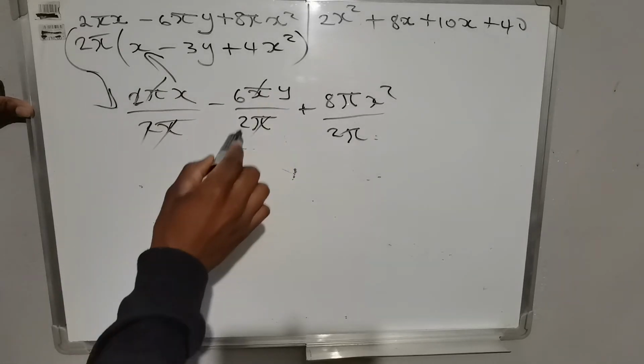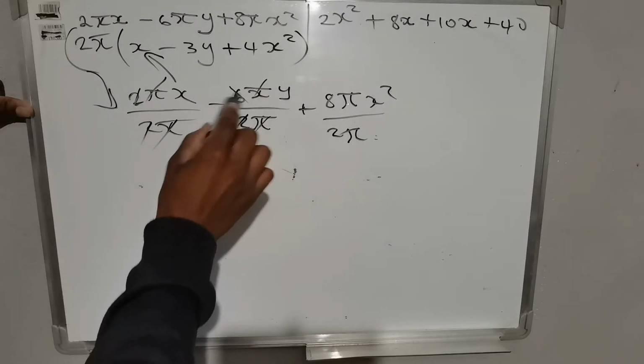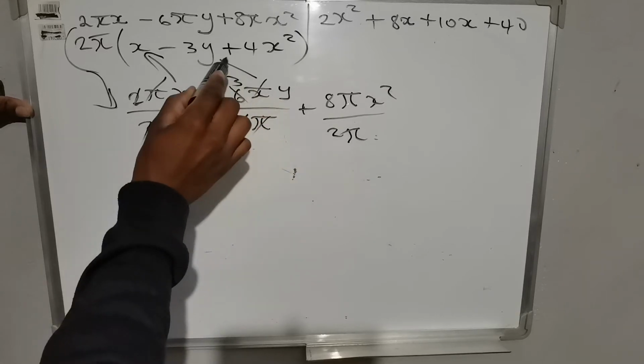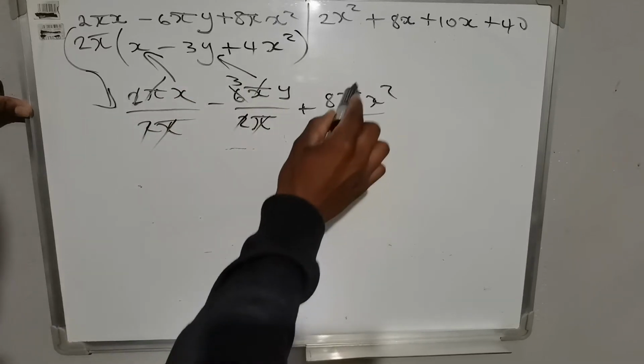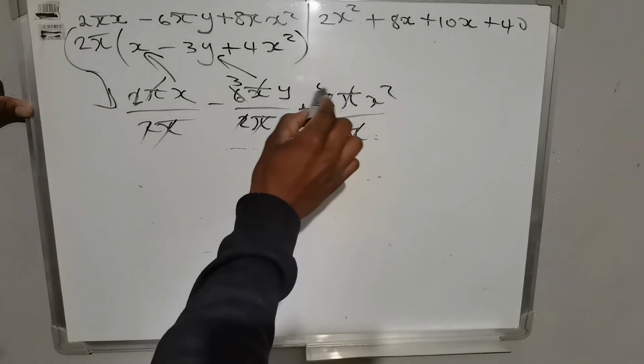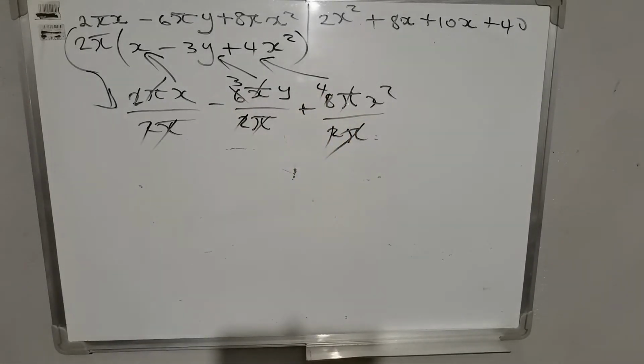Pi would cancel pi. 2 would divide 6 and leave us with 3y, which is what you see, and pi would cancel pi, and 2 would go to 8 4 times. Then we'll be left with 4x squared, which is what you see. It's always easy to solve equations taking out the common factors. I think just one example on solving an equation by taking out common factors is enough.